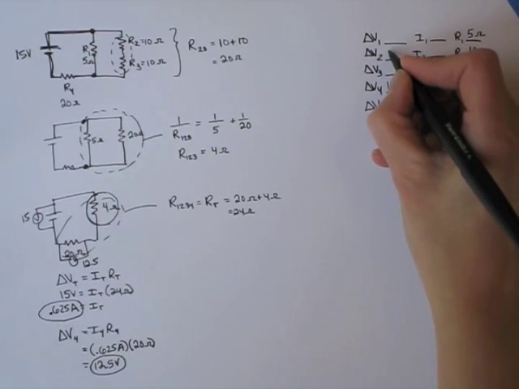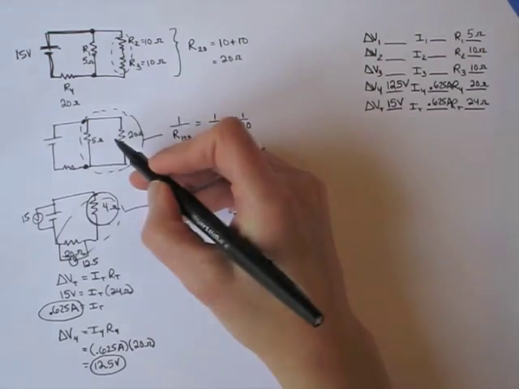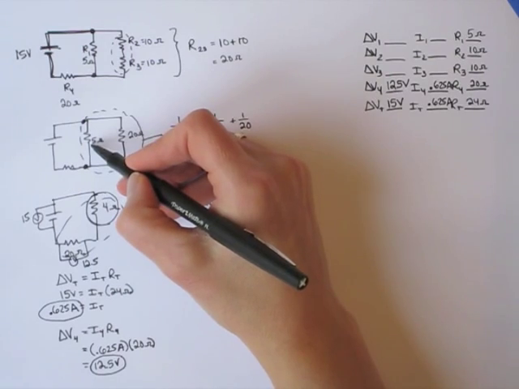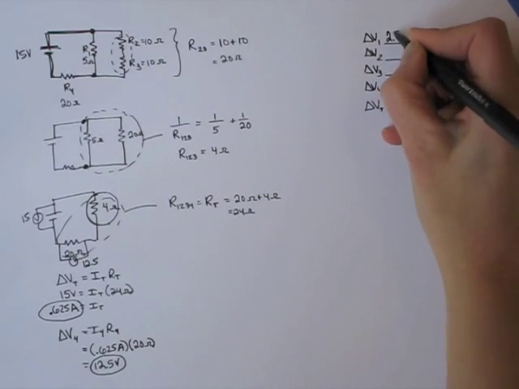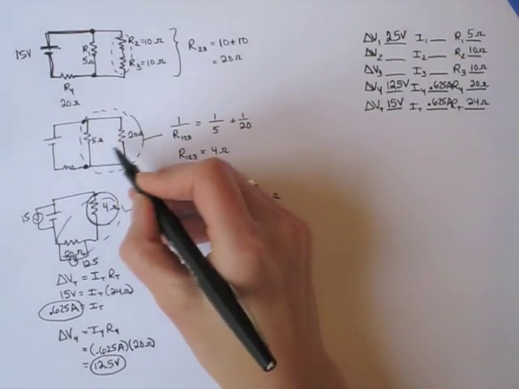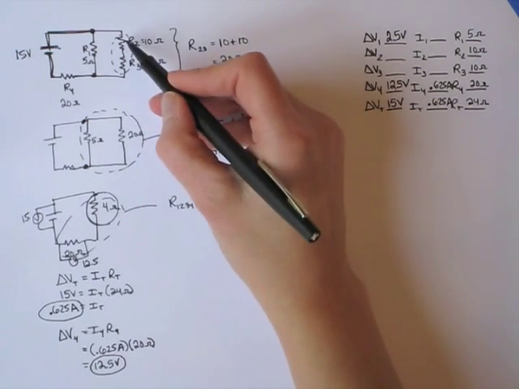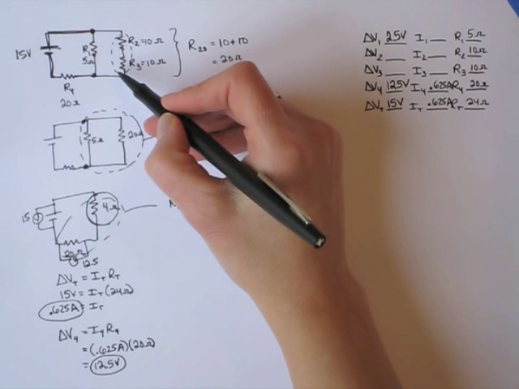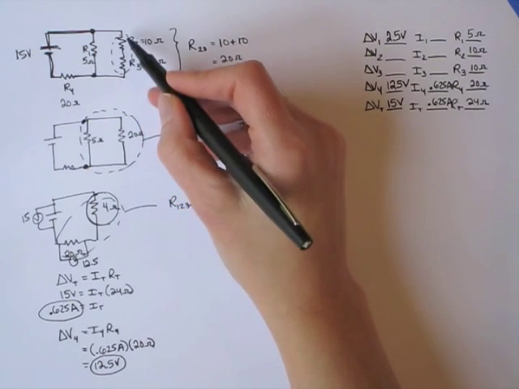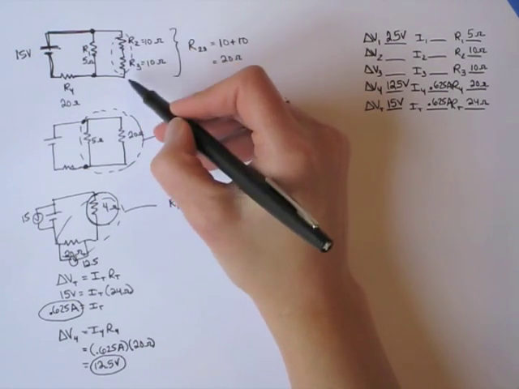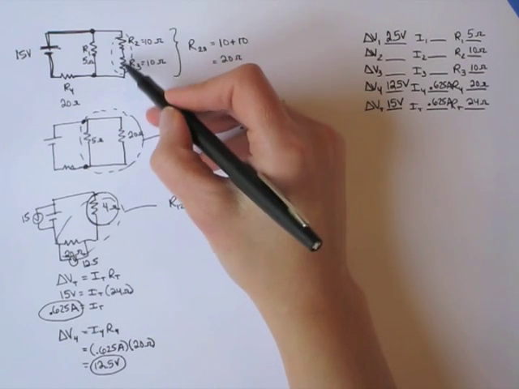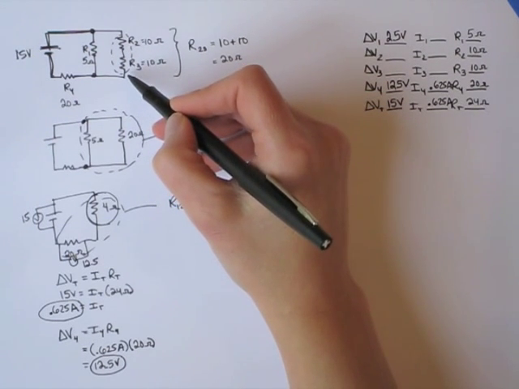So I can fill in for resistor 1, this is resistor 1, 2.5 volts. But this was not really one of our original resistors, was it? That was a combination of 2 resistors. So we'll come back to that in a minute. But across both of them, the voltage drop or the potential difference has to be 2.5 volts.